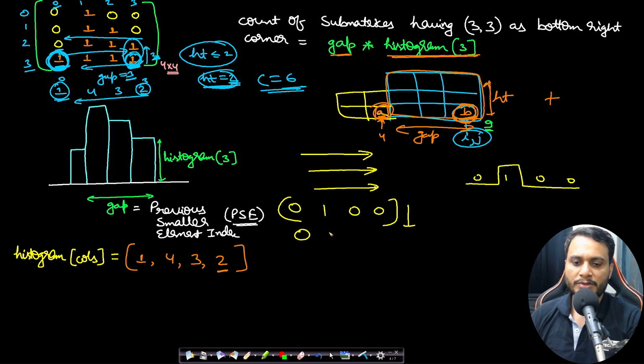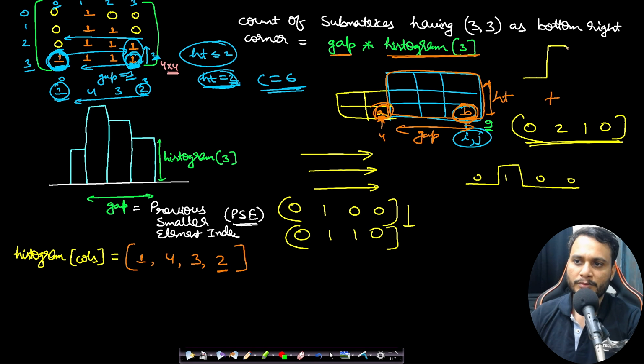And since the second row is 0, 1, 1, 0, you can just imagine it like a Tetris block, where if it falls on top of this ones, then the total sum is going to be 0, 2, 1, 0. So if you draw the histogram for this, it will be 0, 2, 1, 0. Okay, now in this case, you have to count the submatrices ending at each of the cell.